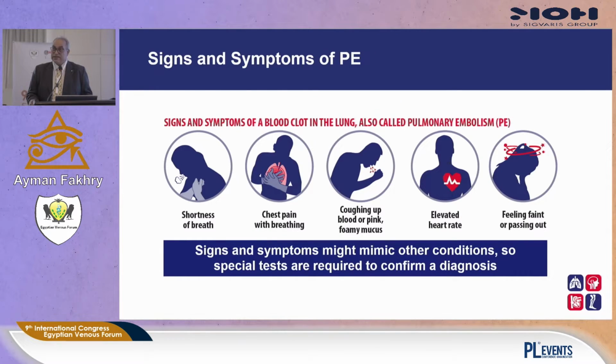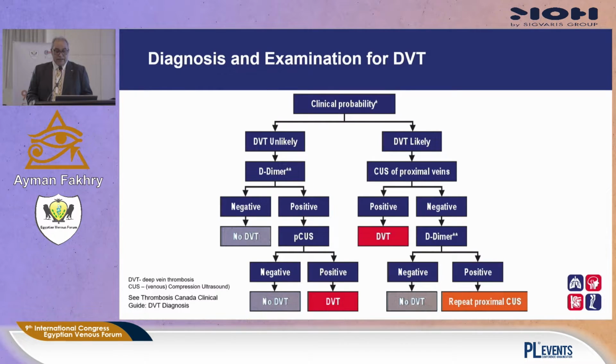And these are manifestations that mimic pulmonary embolism. It is not ideal CAT. And this is the flow chart we can follow. This is a very important flow chart we can apply to reach our measures.